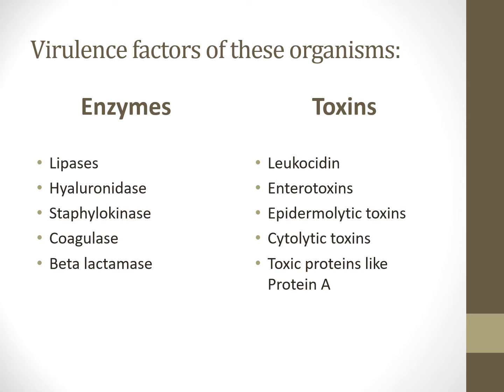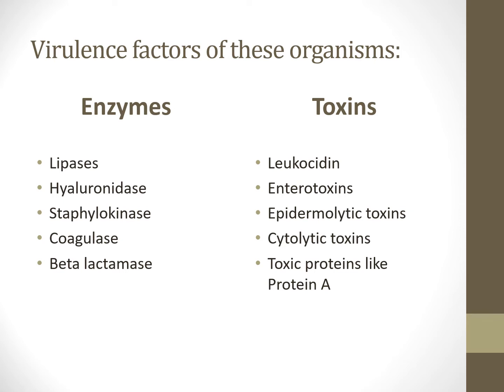We've got leukocidin, which destroys white cells. Enterotoxins, which are toxins that cause things like food poisoning. Then we've got epidermolytic toxins, which are toxins that are on the skin, such as exfoliative toxin, which actually destroys skin cells.